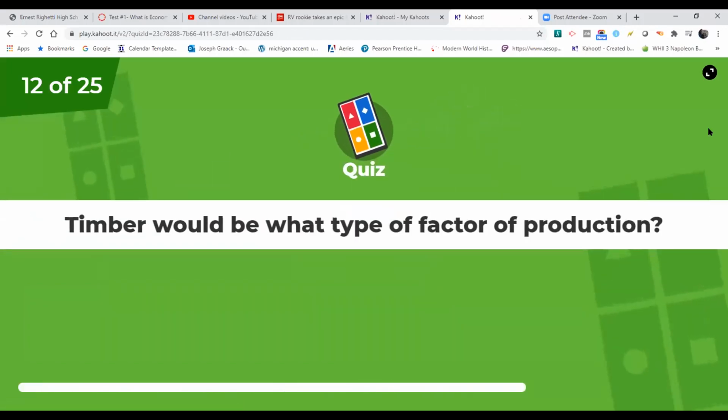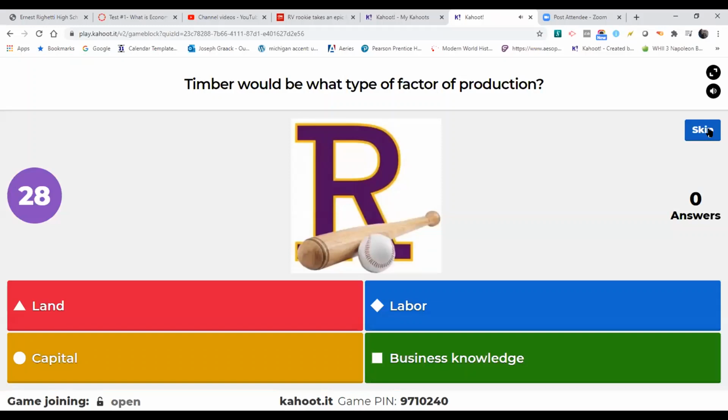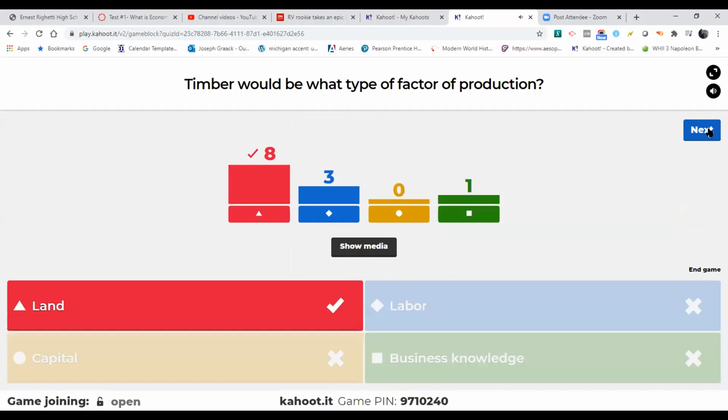Timber would be what type of factor of production? Land, right? Timber, in which we get wood for houses, other things. Land would be that.